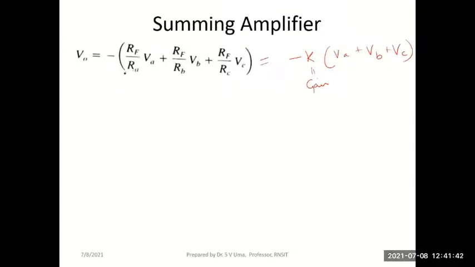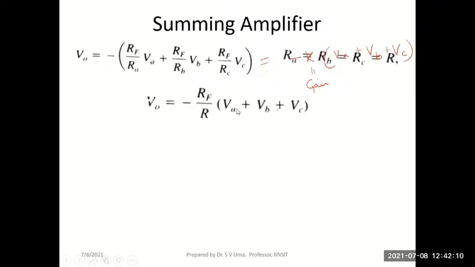Simple, if you equate these three resistors RA, RB and RC. So if you are able to equate the three resistors RA equal to RB equal to RC equal to some value R, then you will be able to convert this output into some constant gain times the sum of the inputs. And that's what we are trying to do.